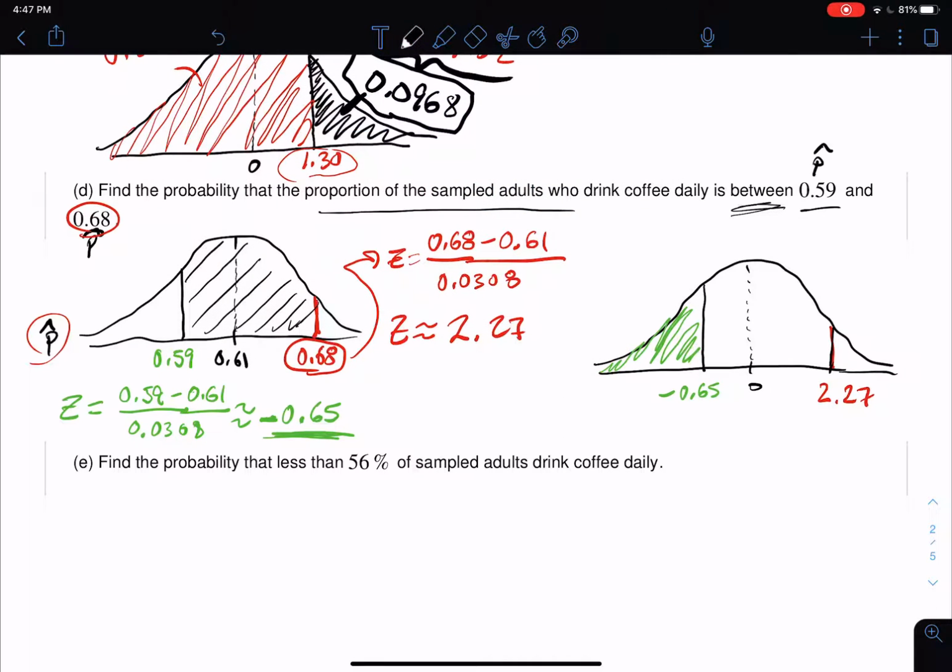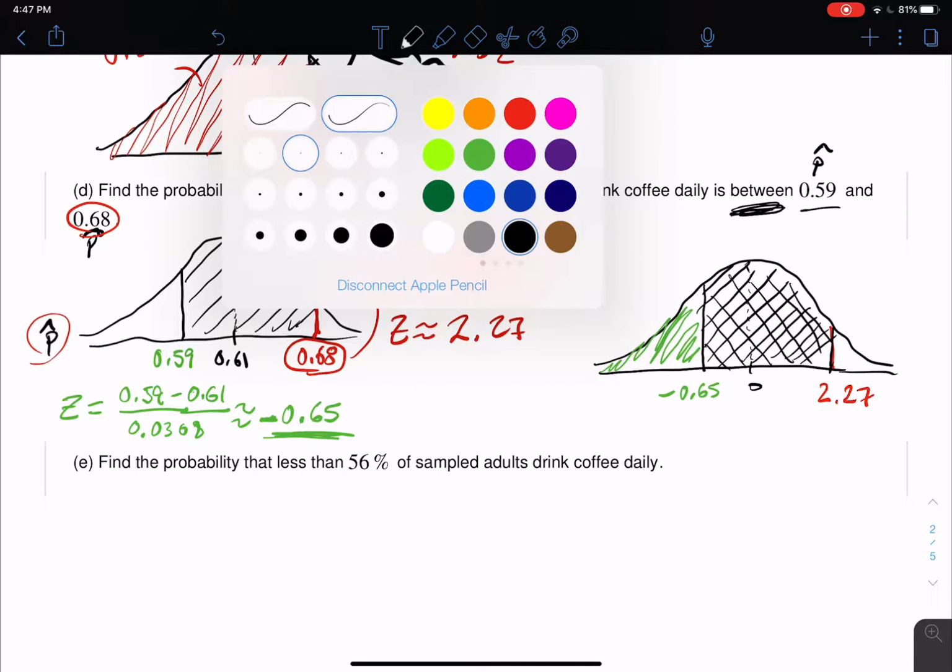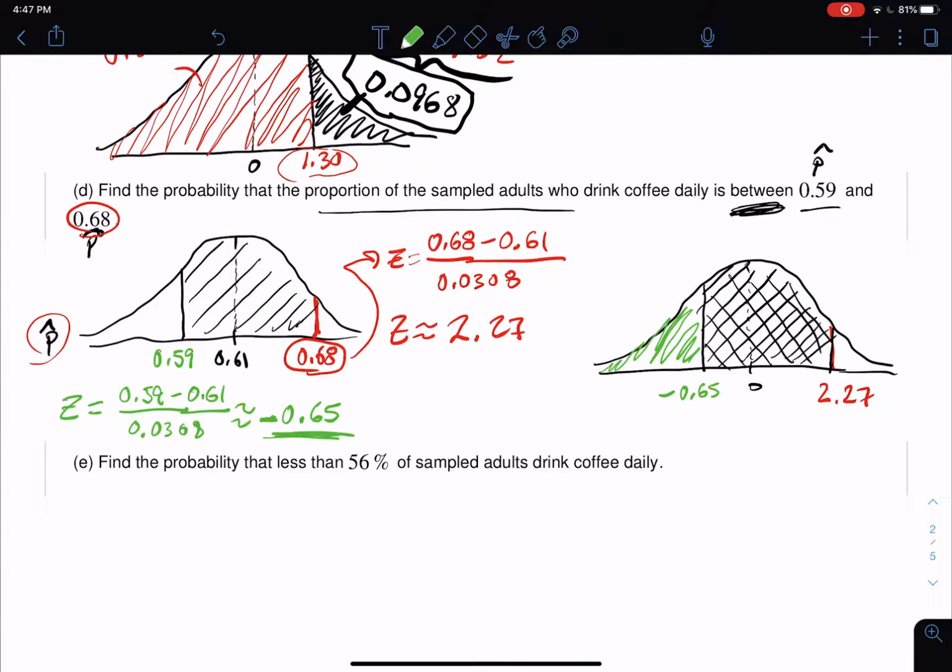And they want us to find the probability of these sample proportions that are in between. So we are looking for this dark shaded region. We've done this procedure many times at this point. Now look up negative 0.65 as a z-value, and you will get an area to the left, which is the green area, 0.2578.